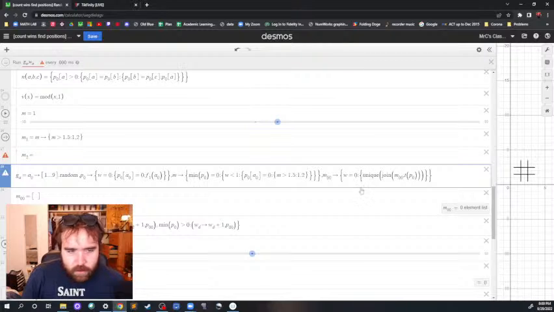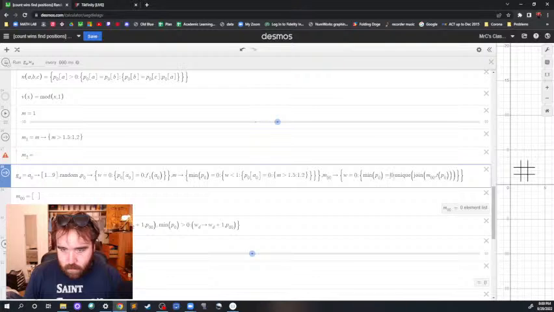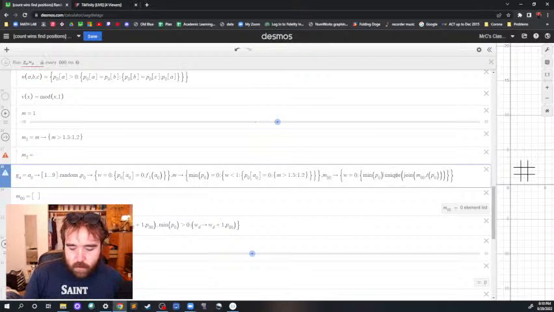So then we want to do another one, and we want to say if the minimum of that is greater than 0. Because if it equals 0, no. We do want if it equals 0.